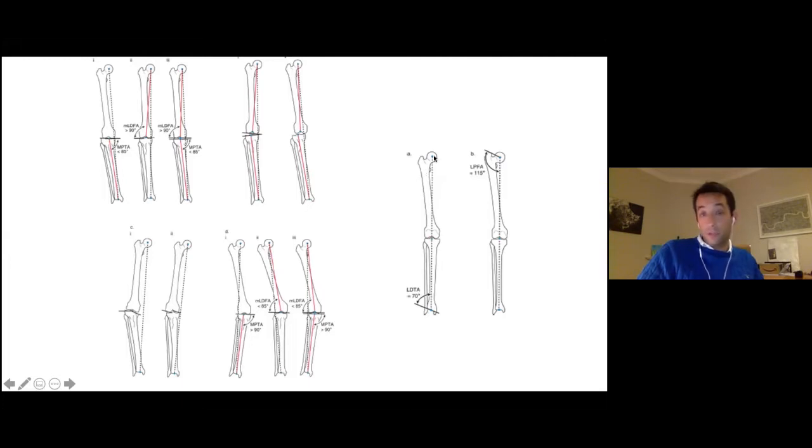Similar in the distal tibia here. Here's a malalignment test. Now, when the joint deformity is either in the proximal femur or the distal tibia, the effect on malalignment is less than if the joint's around the knee, because the center of your joint doesn't translate very much compared to a knee joint deformity.